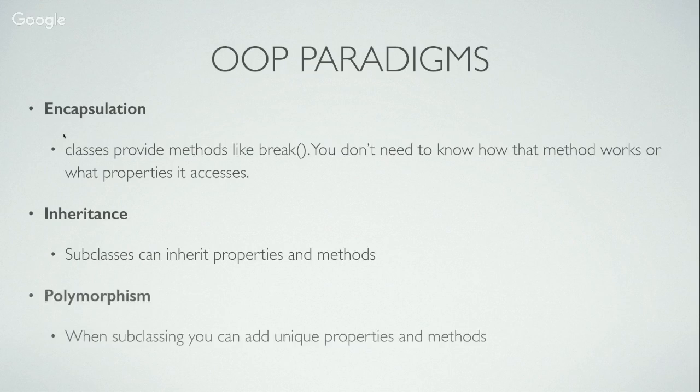And this goes hand in hand with the concept of polymorphism, which means that if you subclass a superclass, then you can add more and unique properties and methods to that subclass. But we will see that abstract concept in action in later sessions as well.